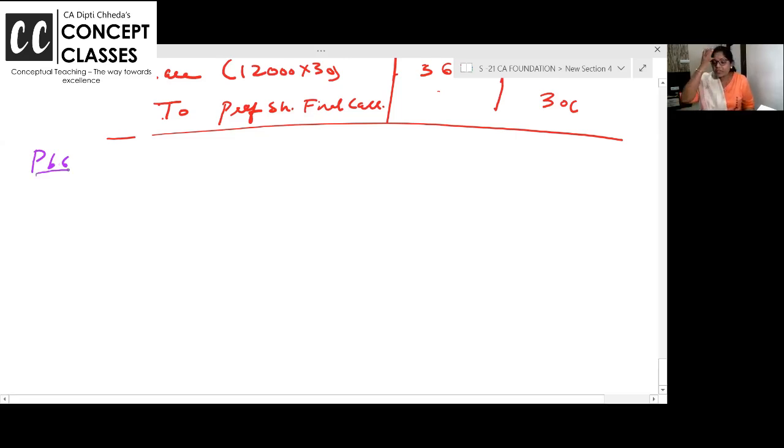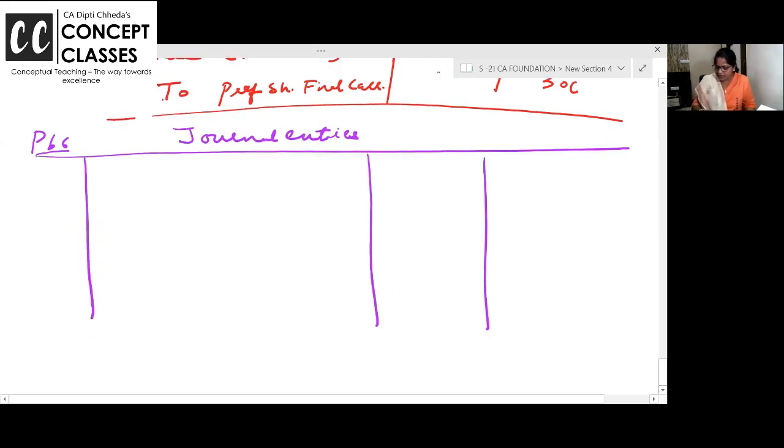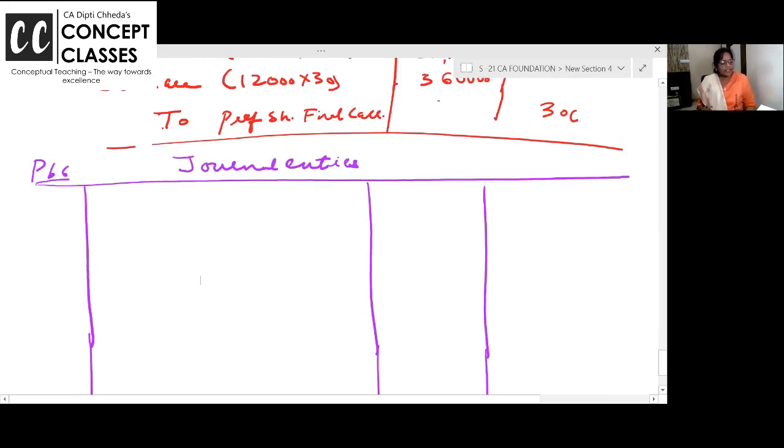So let us record the journal entry. This time they have given you the date, so we write date, particulars, debit amount, credit amount. All right.